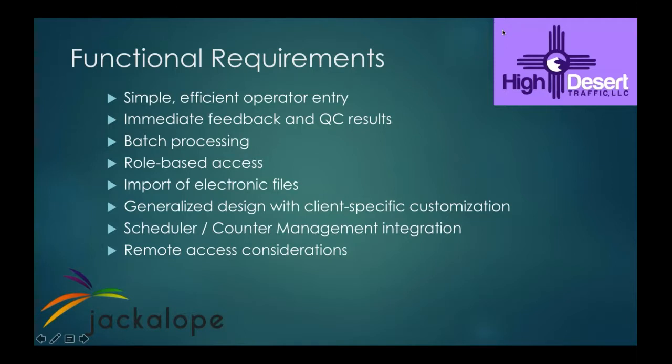So the original requirements were to get away from the very difficult way that you entered in this data in Roadrunner, which is a whole bunch of clickings. To enter in a single number required 10 different clicks. You clicked here and you entered the site, and you clicked there and then a drop down came up with the date. And then you clicked here and you figured out what lane it went to and all that other fun stuff.